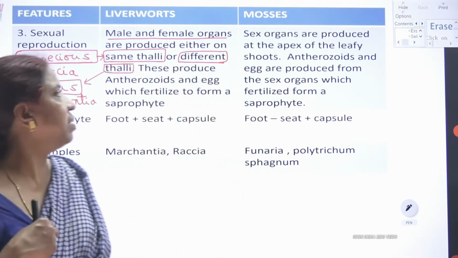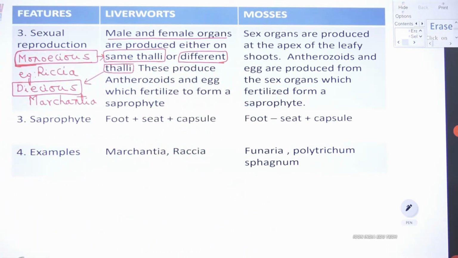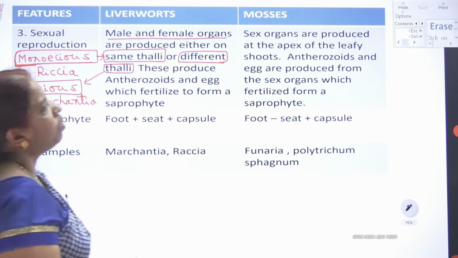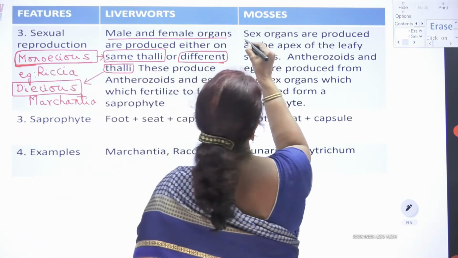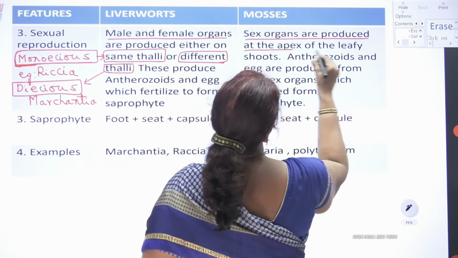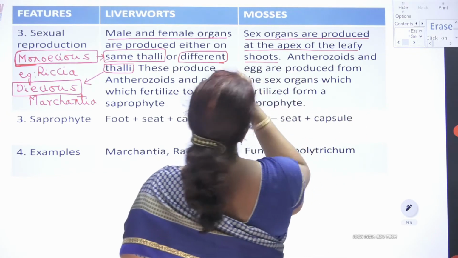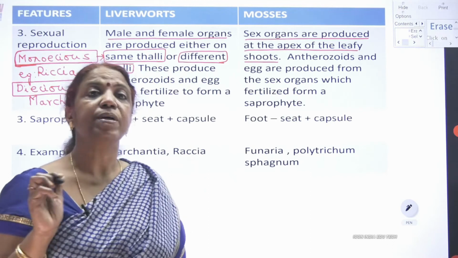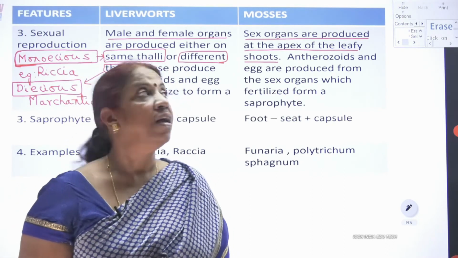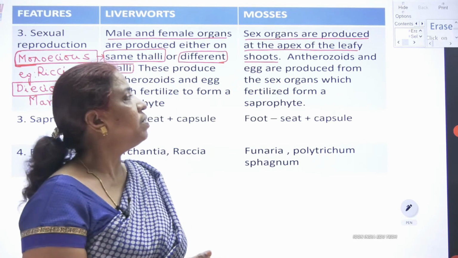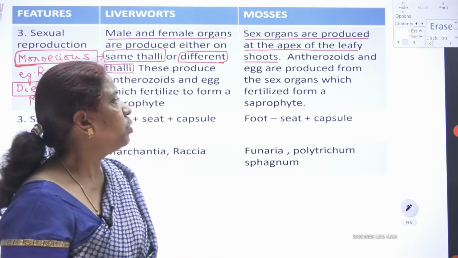The next one is, in the case of mosses, the sex organs are present at the apex of the leafy shoot. In liverworts, sex organs present on the same thallus are monoecious and on different thalli are dioecious, but here the sex organs are present at the apex of leafy shoots.